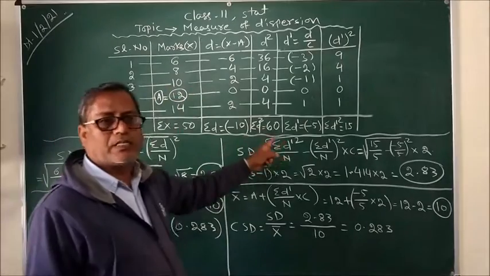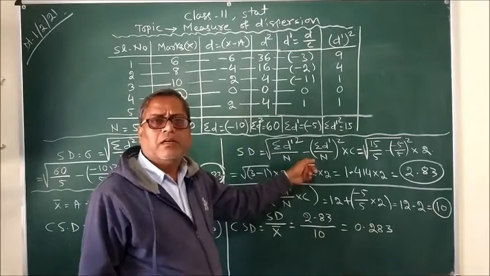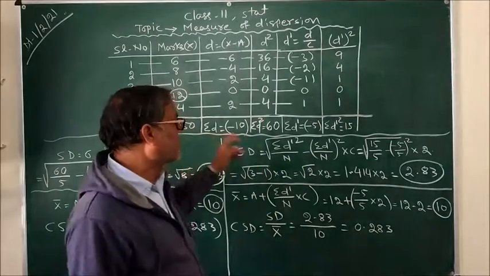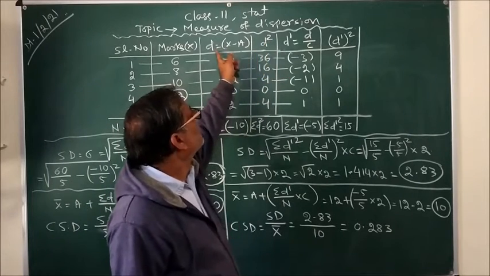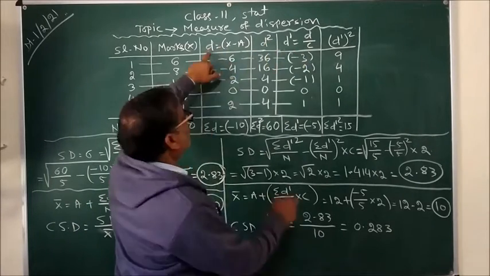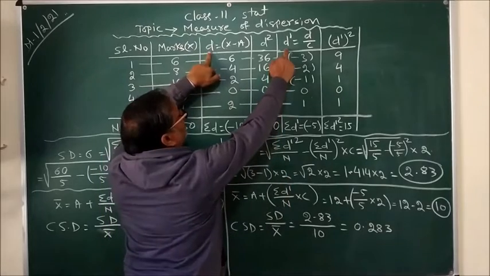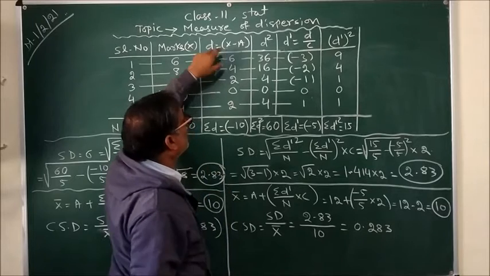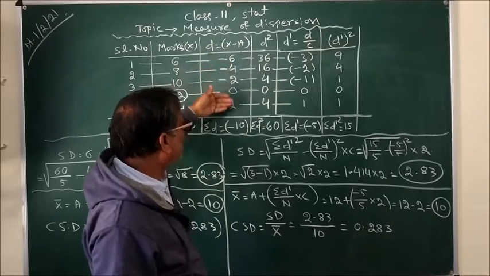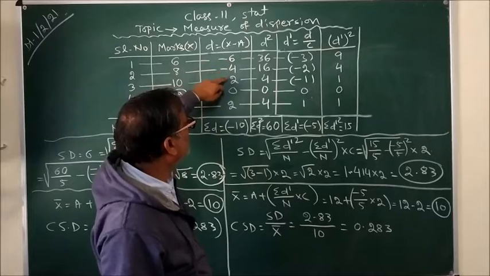Now, shift our discussion to the step deviation method. The only difference between the shortcut and step deviation methods is that after calculating d, we need to find d dash. See, column d and column d dash. We have to find a common factor that can divide all the numbers. So 2 is a common factor here.